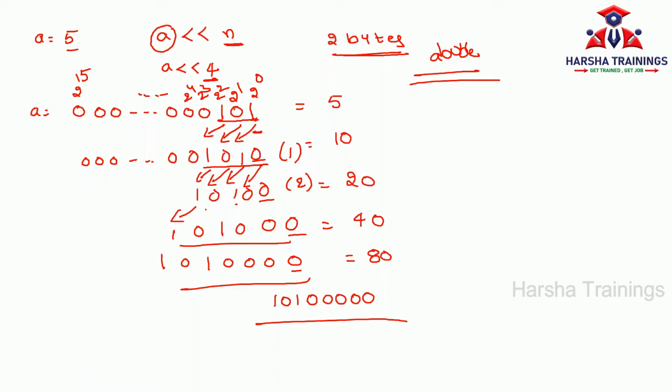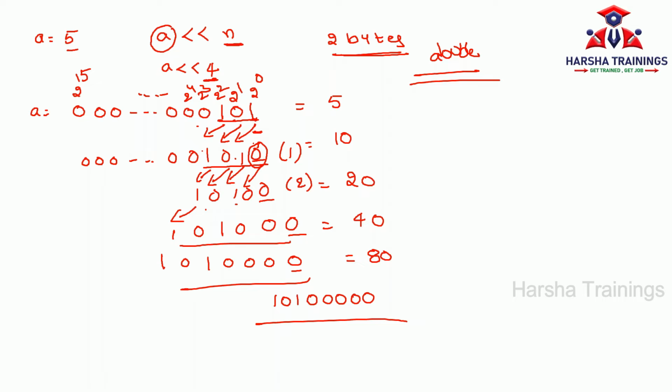Now, after left shifting, what happens? The 2 square position is moved to 2 cube. 2 power 1 moves to 2 square. 2 power 0 moves to 2 power 1. And we are adding one more bit.